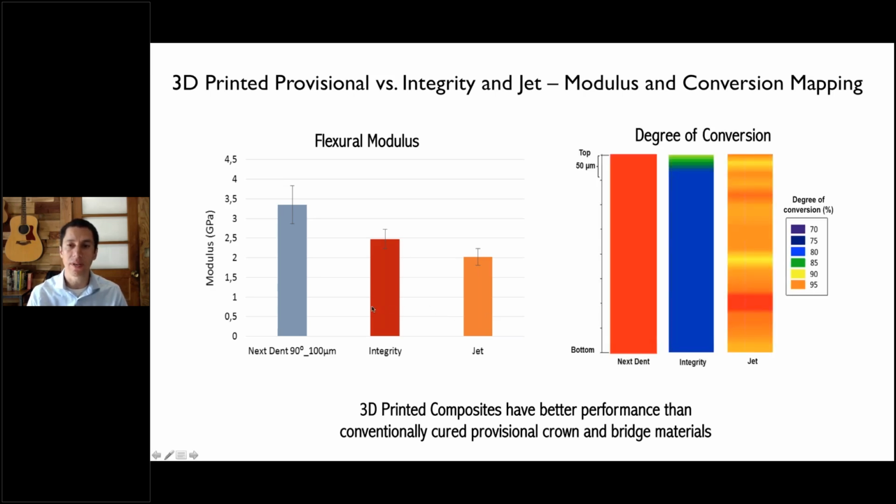And one of the reasons we believe that's happening is that when we map the degree of conversion for the different layers of the printed parts relative to these non-printed materials used clinically, either Jet or Integrity, we see a very even and homogeneous conversion throughout the entire printed structure, versus the Jet or the Integrity, where you end up having a much more uneven and heterogeneous degree of conversion throughout the entire system, and that leads to the better performance.